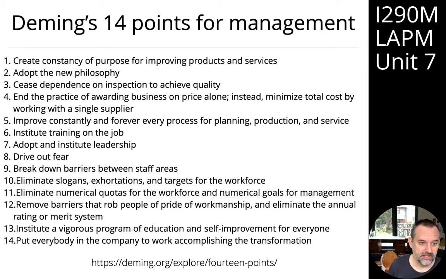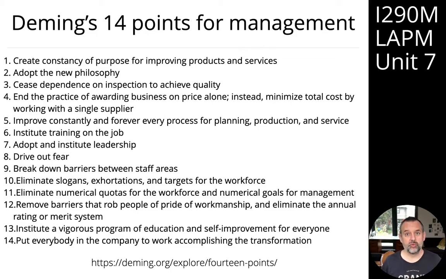Let's pick another example. In the practice of awarding business on price alone, instead minimize total cost by working with a single supplier. So again, in the NUMI example in part 2, they talked about how one of the reasons that GM had a problem implementing the Toyota production system was that they chose their suppliers based on the lowest cost, and then they couldn't develop long-term relationships with their suppliers because their suppliers knew that at any time, if they were no longer the lowest cost supplier, GM would dump them for someone else.